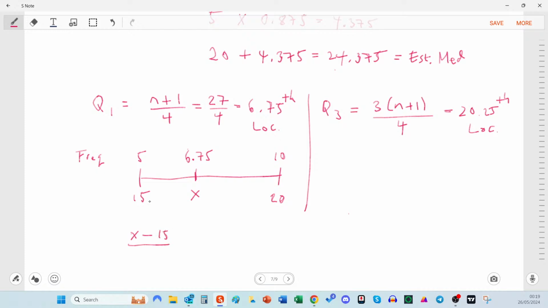And if we divide that by the total of that section, which is 20 minus 15, that's going to be equal to the same thing happening up the top, which is 6.75 take away 5 all over 10 take away 5. And this can be seen as a bit easier. Essentially, you're going to end up with x minus 15.